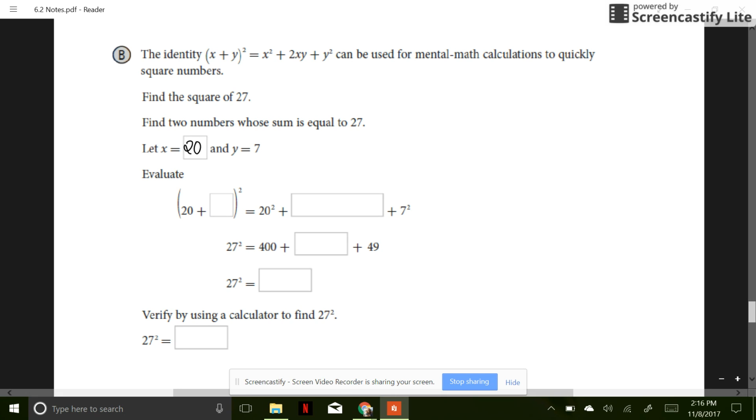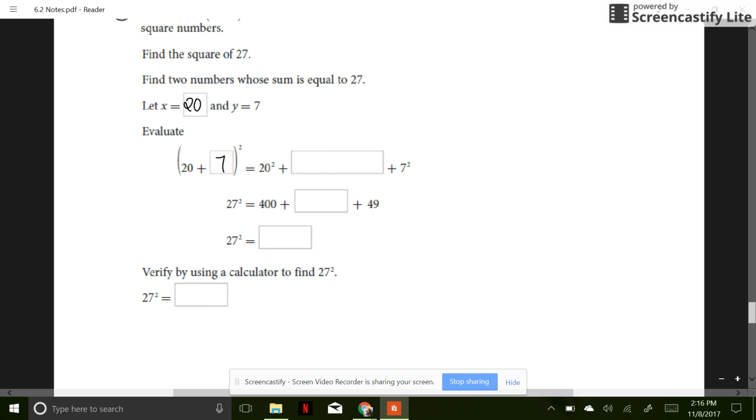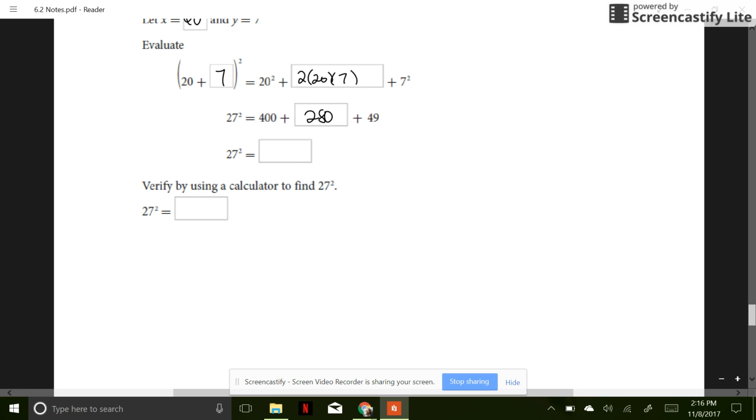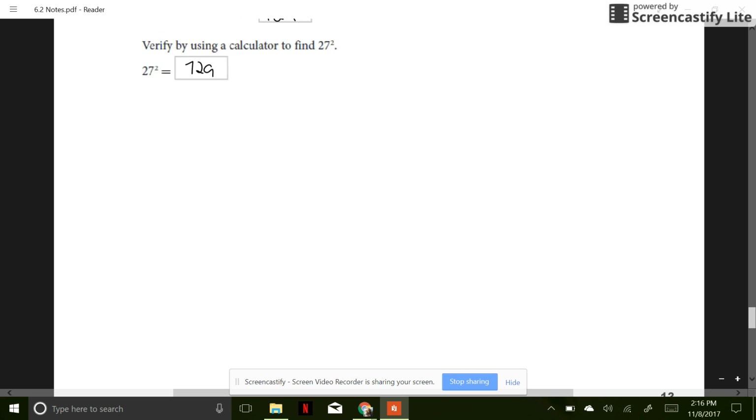So if we let x be 20 and y be 7, so our (x plus y) squared would be (20 plus 7) squared, equal to this piece here. So our x was 20, so we take 20 squared plus 2 times x, which is 20, times y, which is 7, plus y squared, which is 7 squared. 2 times 20 times 7 is 280. Adding those three pieces together, we'll get 729. You can confirm it with a calculator.